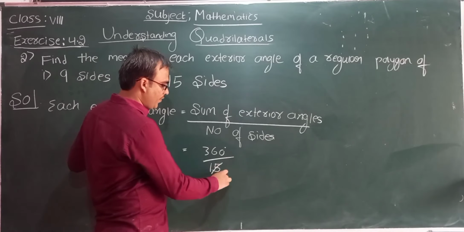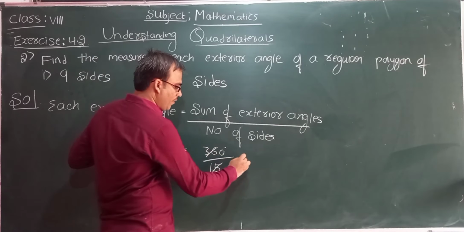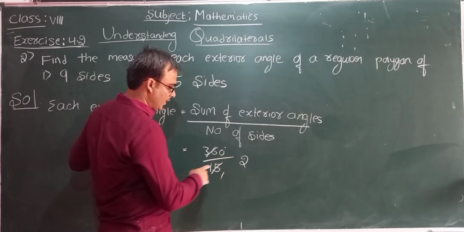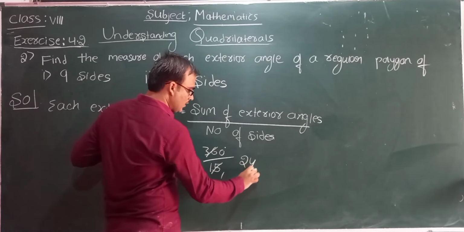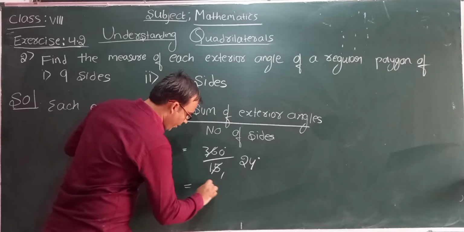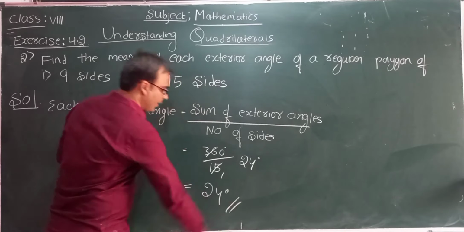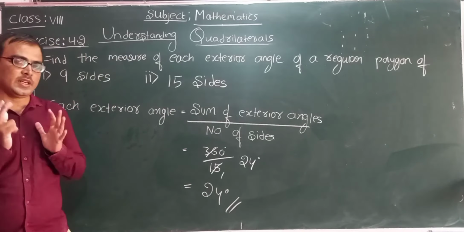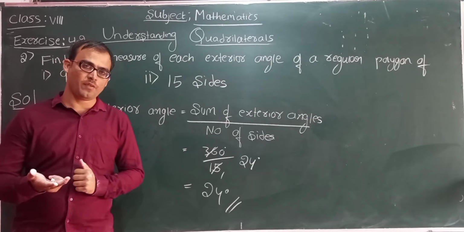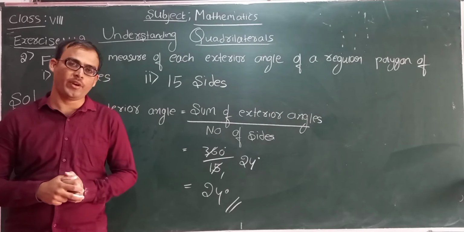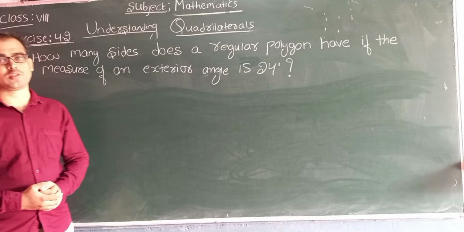Now 15 ones are 15, 15 twos are 30 means 20. Next 15 fours are 60. This is 24 degree. Students, if the regular polygon is having 15 sides, then the value of each exterior angle is 24 degree. Now let us solve the third question.